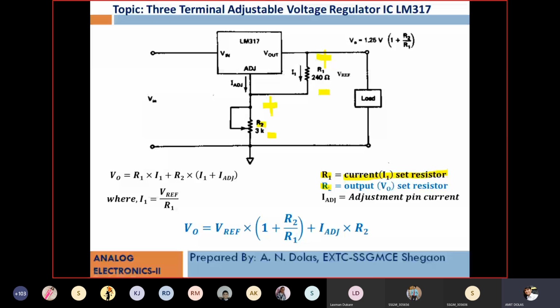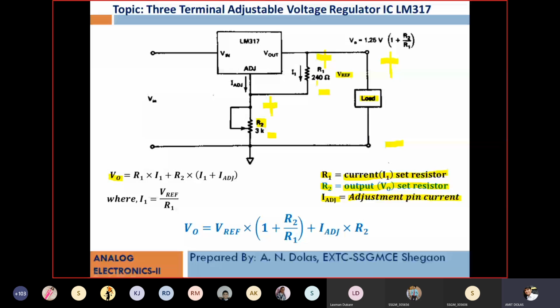Therefore, resistance R2 is called the output voltage set resistor. It sets the output voltage. And I adjust is the adjustment pin current. So writing the equation for output, output is the voltage across load resistance RL, which is the addition of voltage across R1 and voltage across R2.